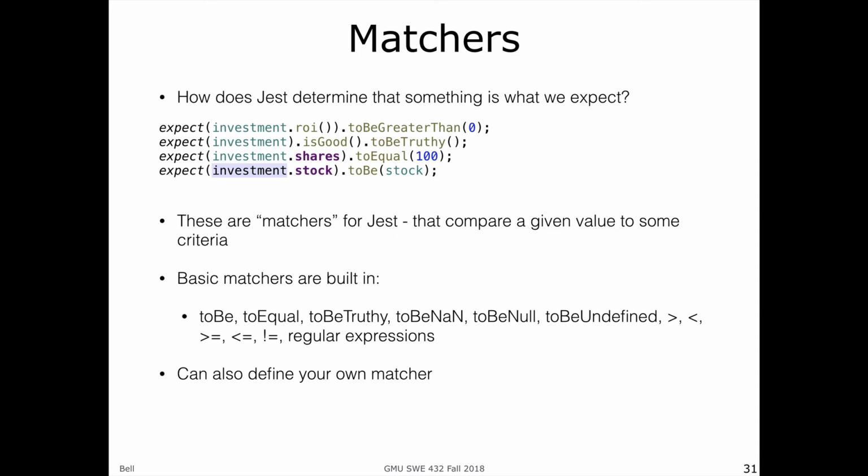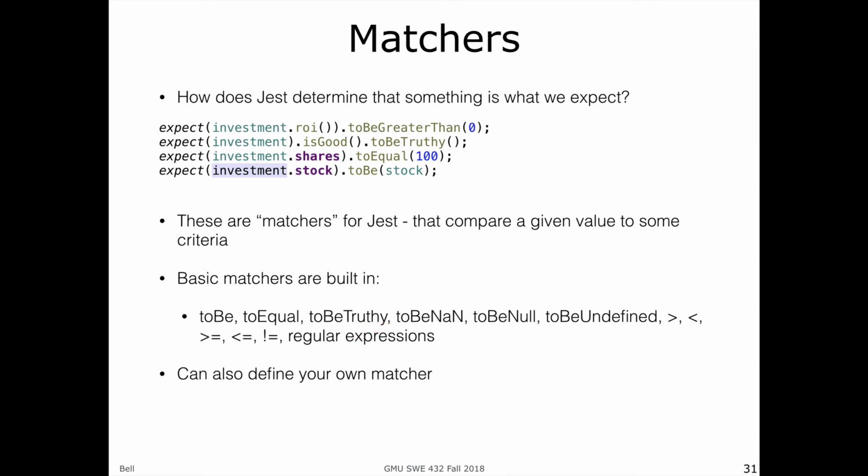So the basic matchers that are built into jest are to be, to equal, to be truthy, to be not a number, to be null, to be undefined, and then all of your normal stuff like greater than, less than, or equal to. These are all in the jest documentation. Again, you can see these examples here. You can also define your own matcher if you want to. I think that these are mostly self-explanatory. NaN, not a number, undefined, undefined.